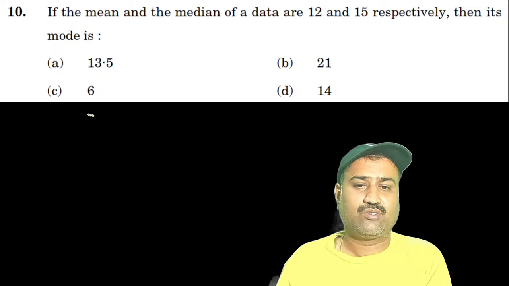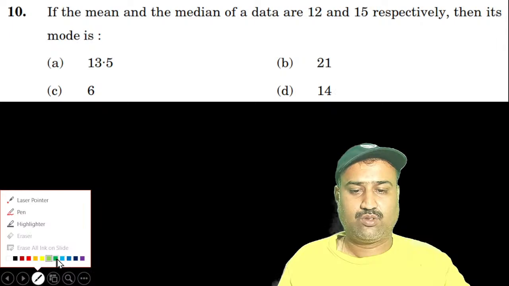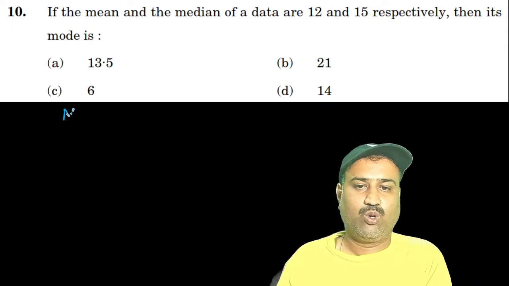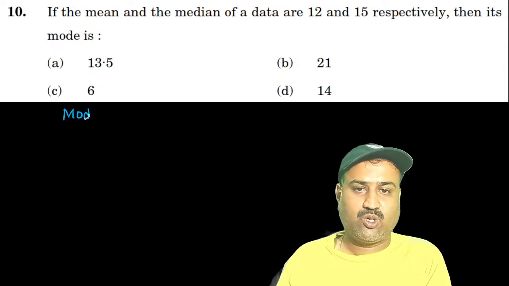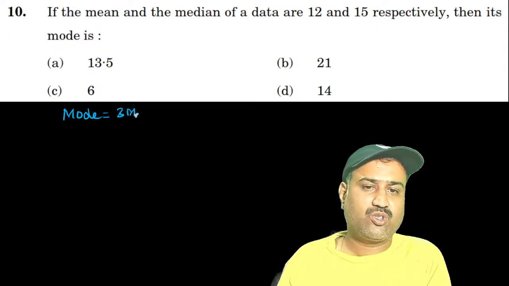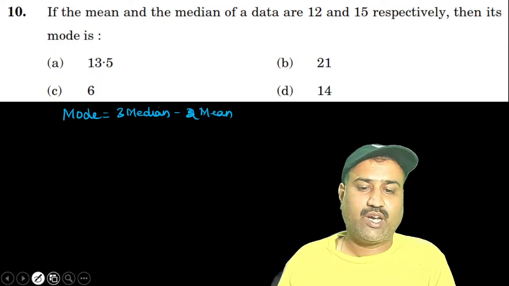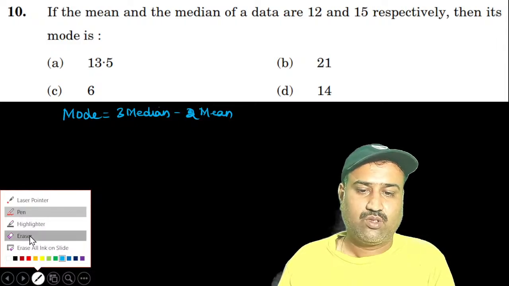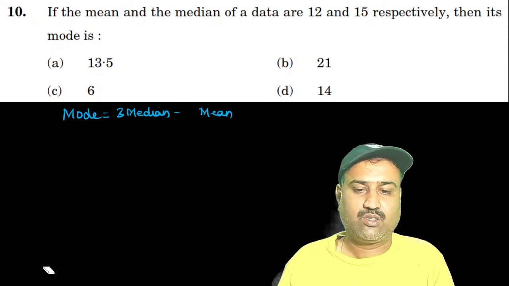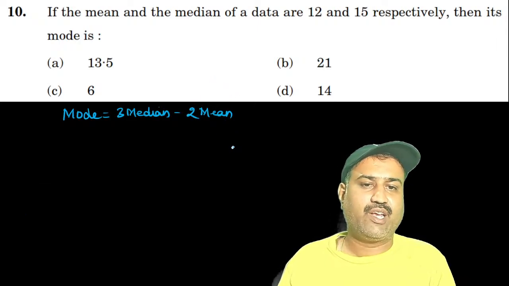Now we know the mode. From the empirical relationship, mode is equal to 3 median minus 2 mean, right?